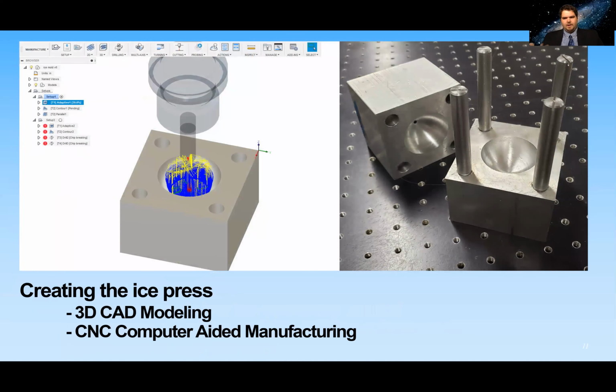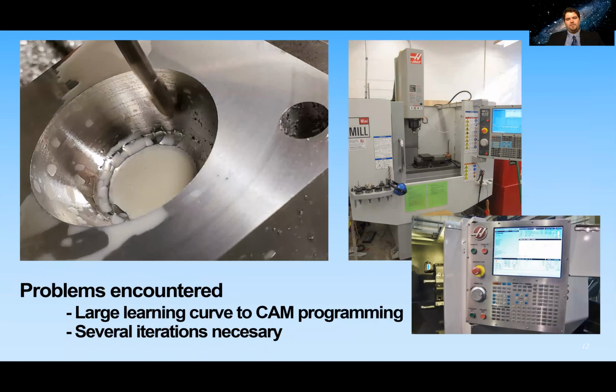To create this ice press mold, first we designed it on the computer with a CAD program, and then we used computer-aided manufacturing in a CNC mill to actually create the ice mold to a very precise degree to get those perfect spheres. Now, computer-aided manufacturing has a bit of a learning curve because you're essentially telling the computer what you want and it's interpolating that into code to tell the CNC mill what to do.